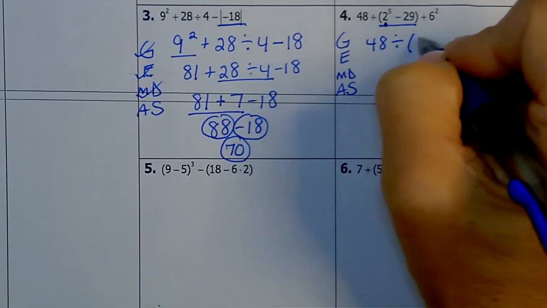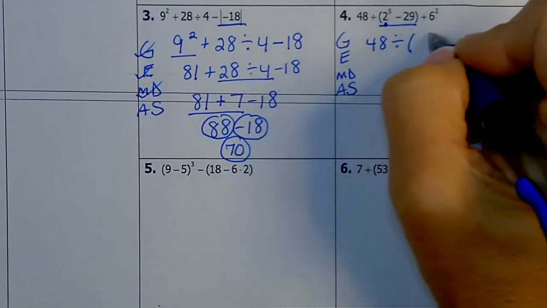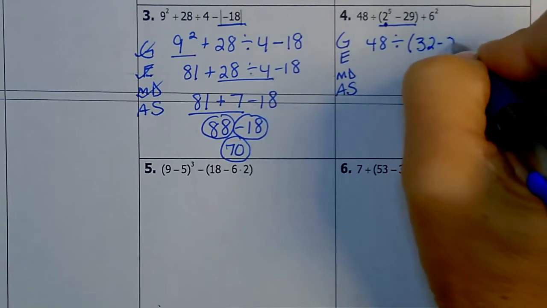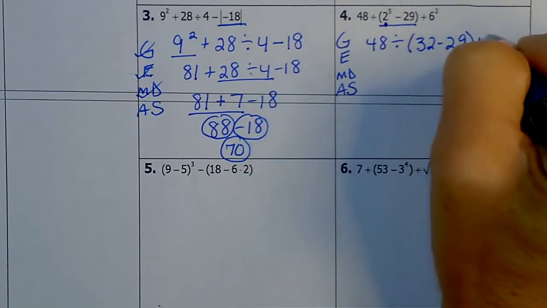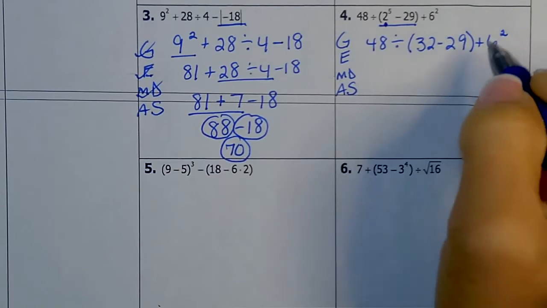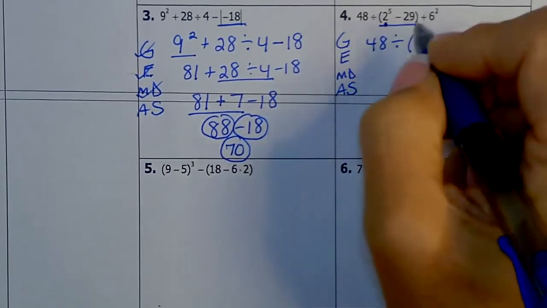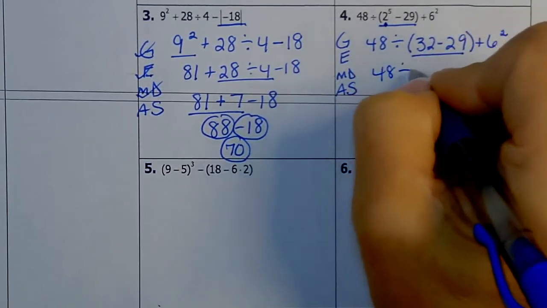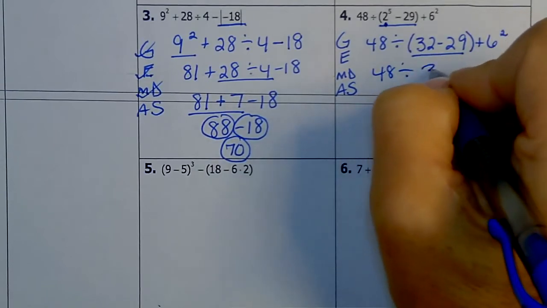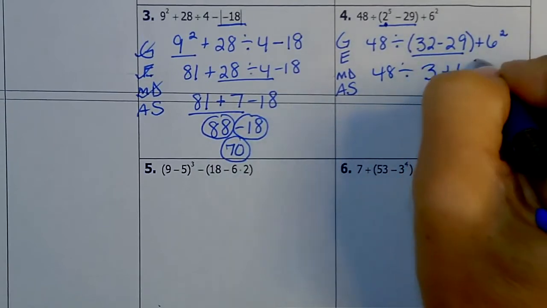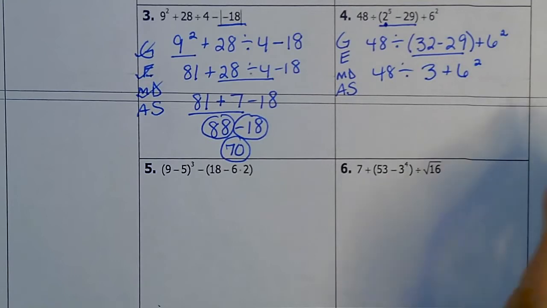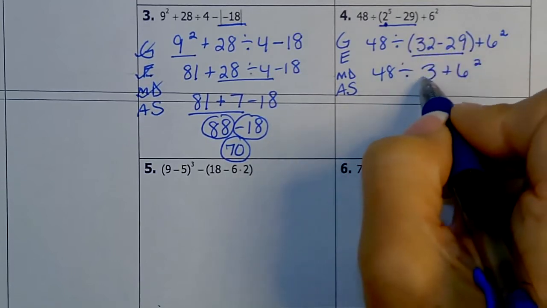So that 2 to the 5th power is 32. Now I can subtract. And now I've taken care of what's in the grouping.